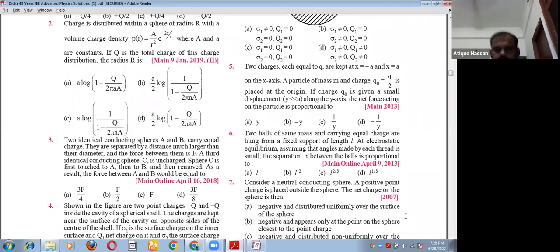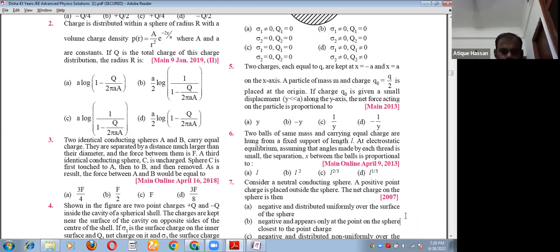Two charges each equal to Q are kept at x equal to minus A and x equal to plus A on the x-axis. If charge Q0 is given a small displacement along the y-axis, the net force acting on the particle is proportional to.